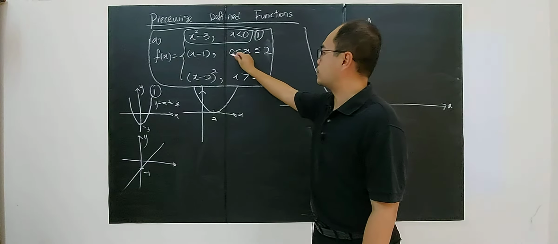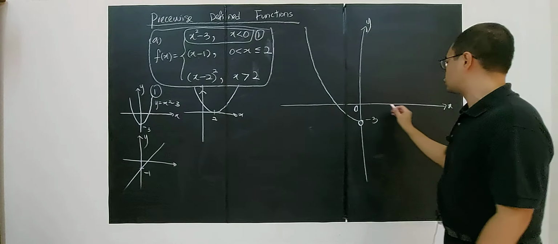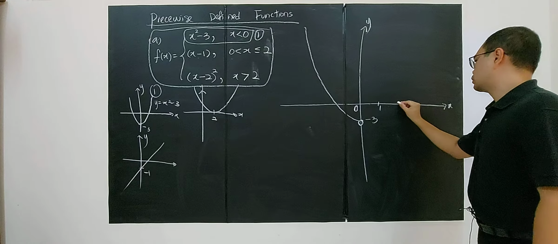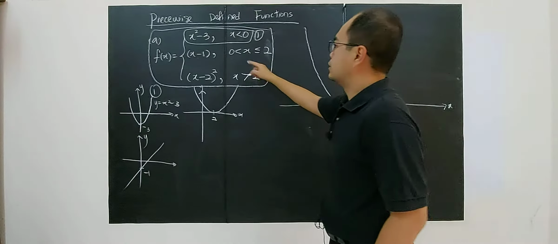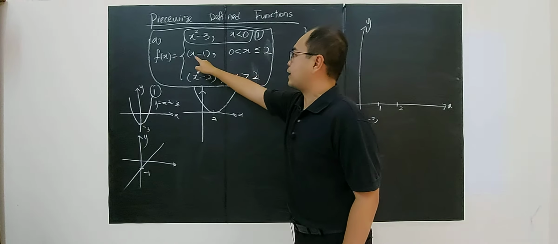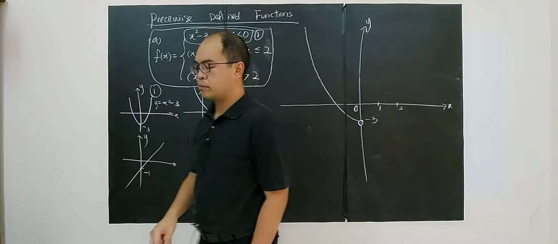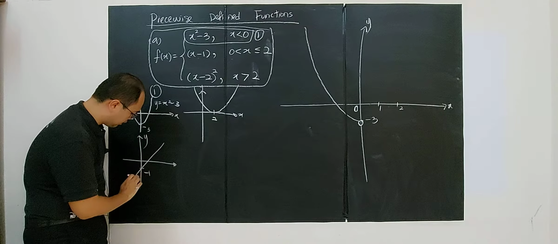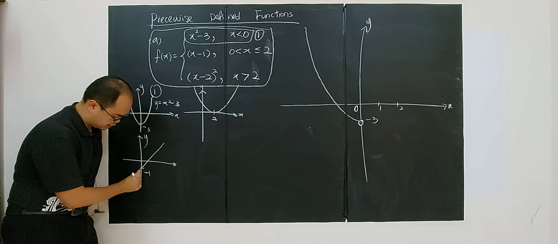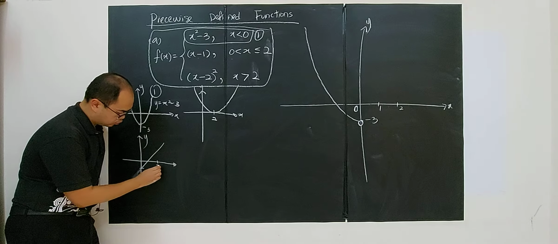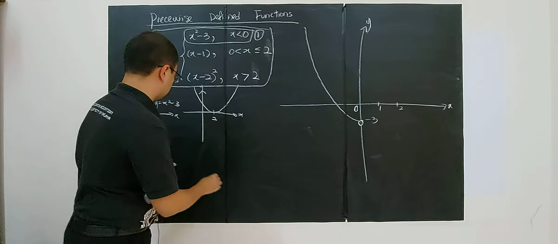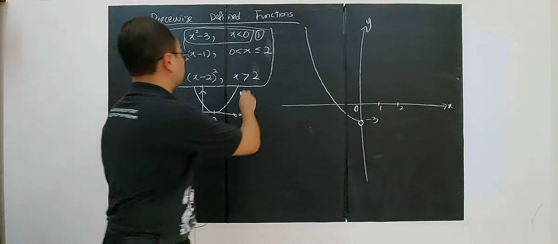So let's look at 0 to 2. 0 to 2 means 1, 2. There is another graph, which is 0 to 2, x minus 1. So we only want the part from 0 to 2. I'm going to erase this one. So 0 to 2. I want to know where 2 is. This is a linear graph.